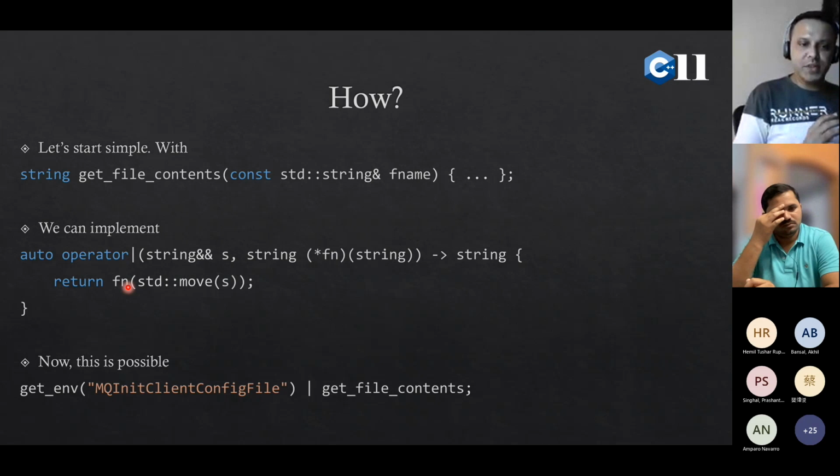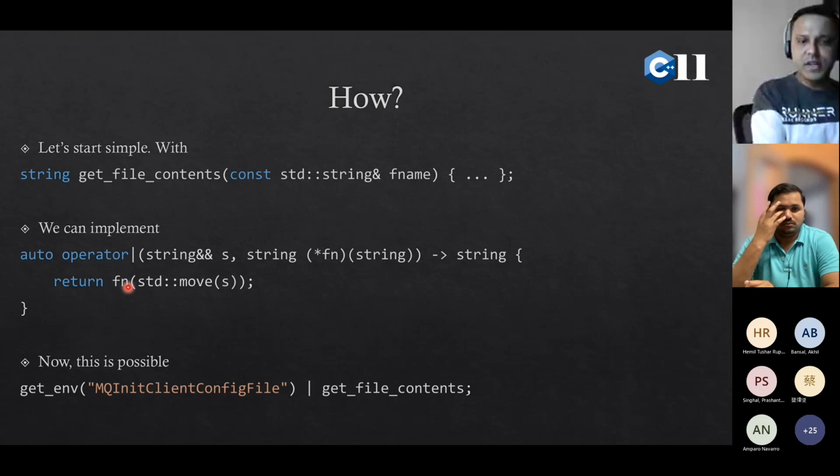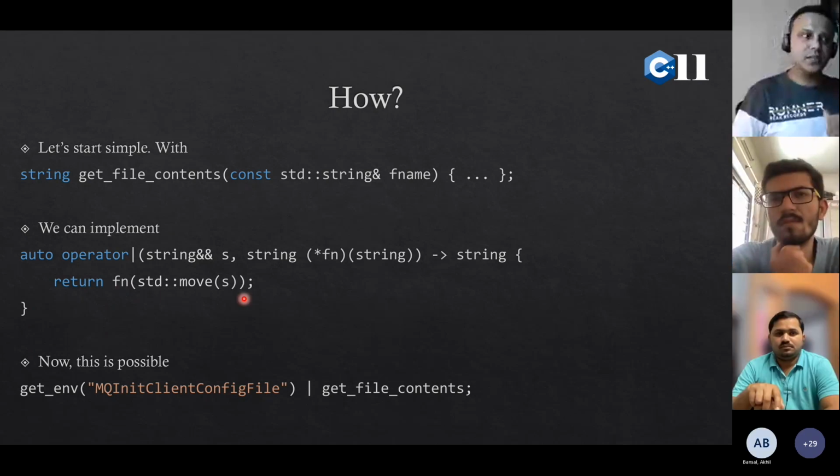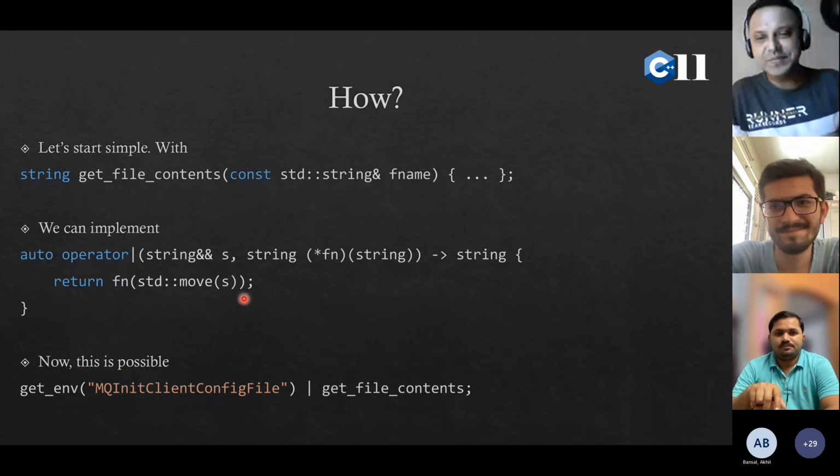You get the string from the environment, and you pass it to file content, and you get the contents. The resulting expression here would be an evaluation of the OR operator. The first operand is getting the string. The second one is a function, so it will be invoked here like this. Clear? This is what we are going to build on.